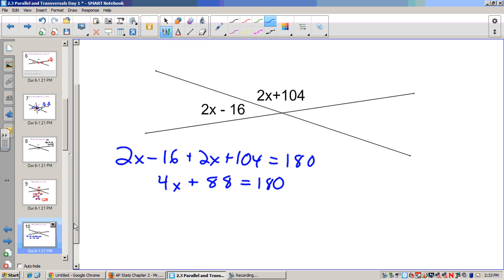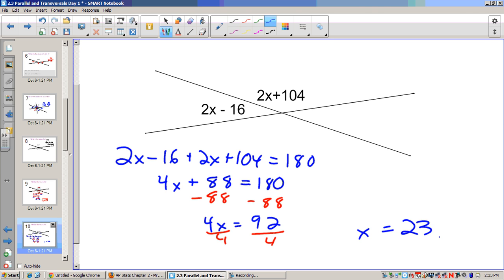Now I'm going to subtract 88 from both sides, leaving 4x is equal to 92. Now if I divide both sides by 4, x will equal 23.